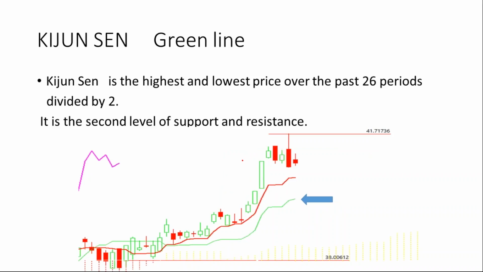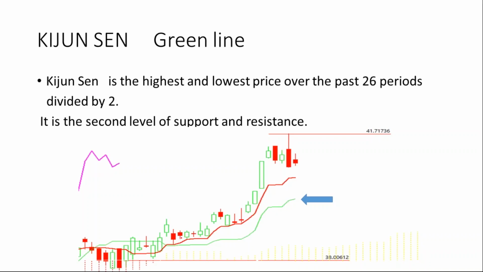The Kijun Sen is the same. The Kijun Sen is the highest and lowest price over the past 26 periods, so a wider range of periods. The Tenkan Sen was over 9, the Kijun Sen is over 26. So the highest price plus the lowest price divided by 2 gives you the value of the Kijun Sen.